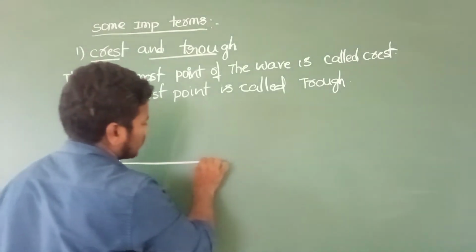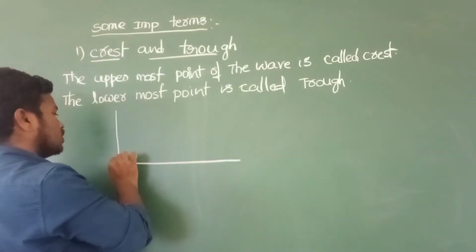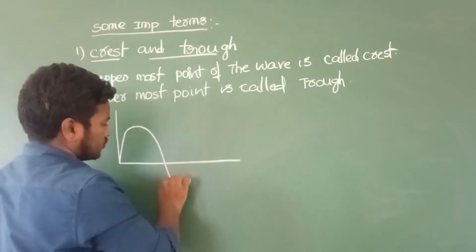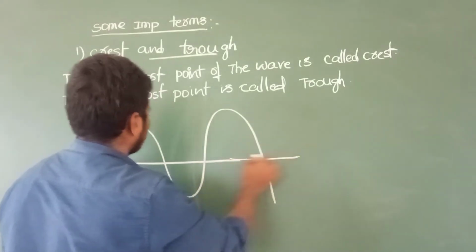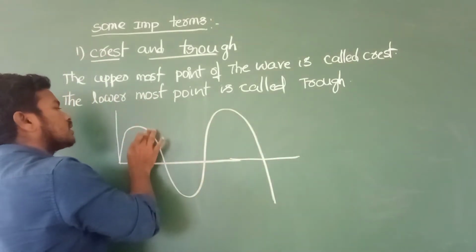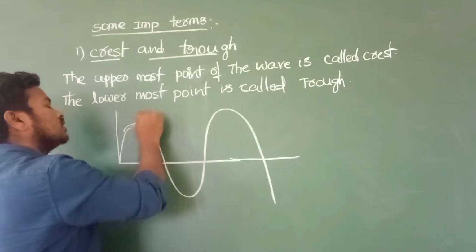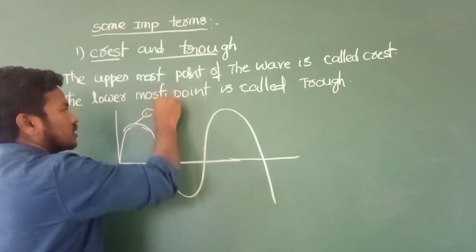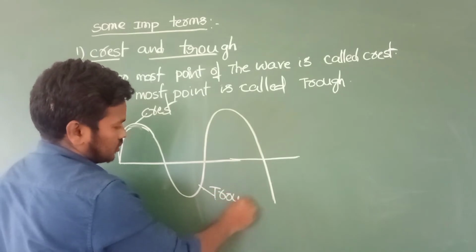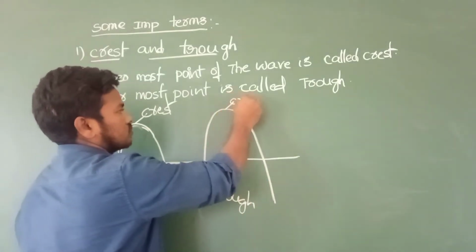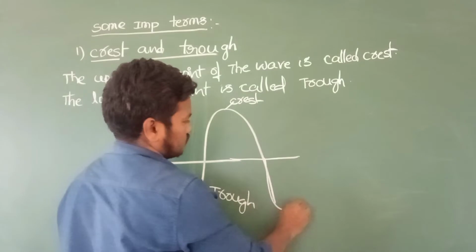If you look at any wave, this uppermost part is the crest and this lowermost part is the trough.